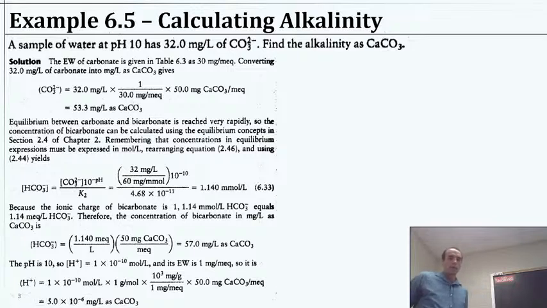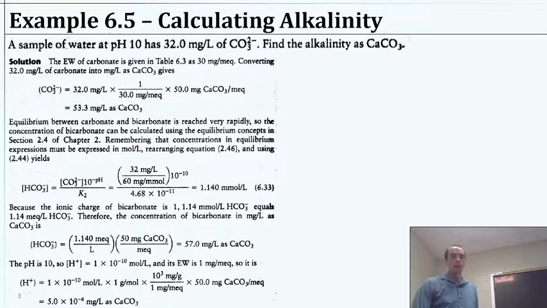Okay, so let's make sure we are tracking with the right way to do it. The book talks about the equivalent weight of carbonate. We can get that. Carbonate itself should be 30 milligrams per milliequivalent.